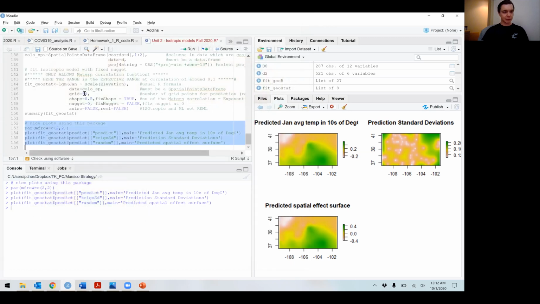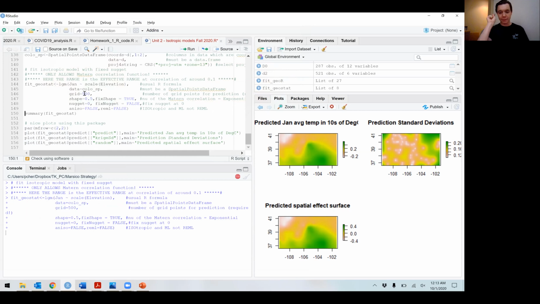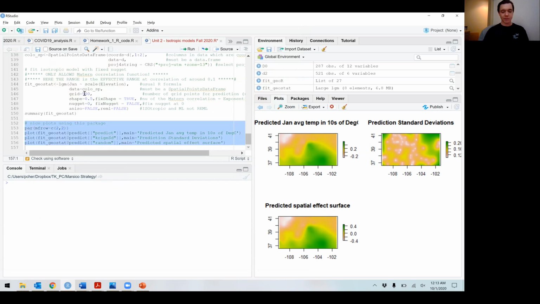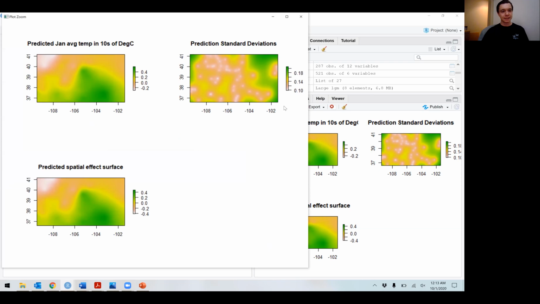This grid, if I pump it up to 500, it will run a little bit longer, but it will make for smoother plots in terms of these predictions. Perhaps a little too smooth. It makes me nervous when these look a little too smooth. I mean, with 50 data points, do we really have that level of detail for, I don't know, just south of Denver?